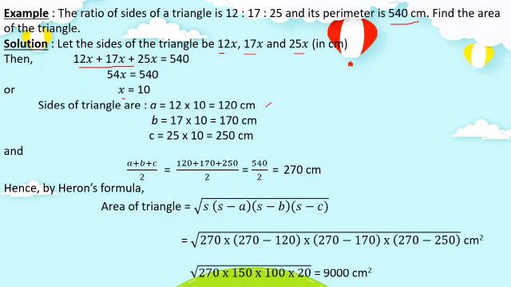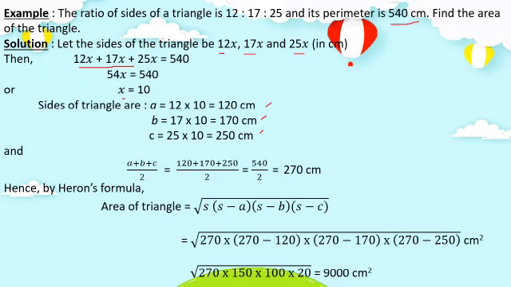B is 17 into 10 is equal to 170 centimeter. C is 25 into 10 is equal to 250 centimeter. So these are the sides of the triangle: 120 centimeter, 170 centimeter and 250 centimeter. Here the perimeter is 540 centimeter.